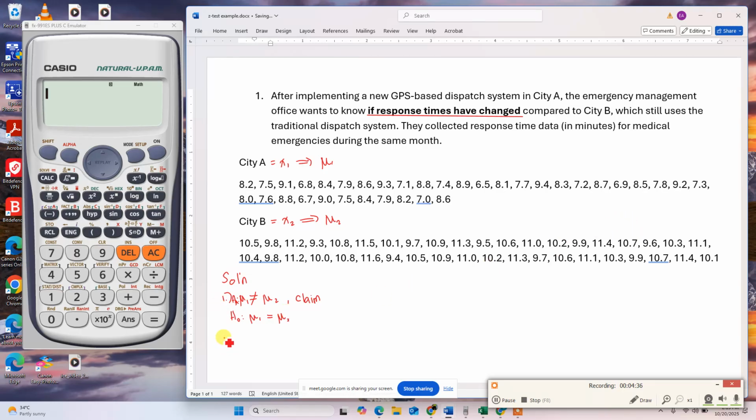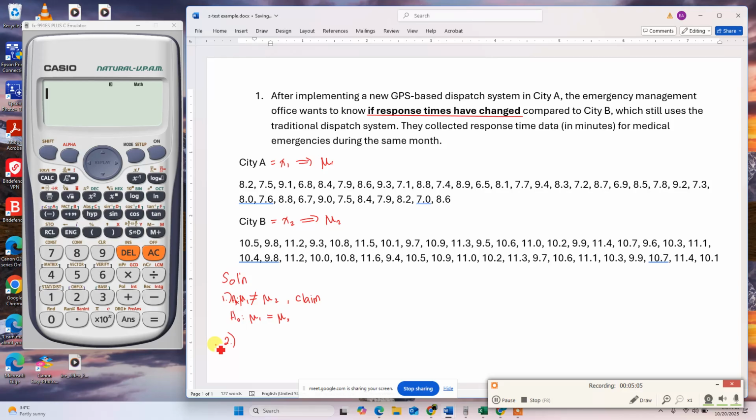Step 2 is we need to identify the critical value. Now this would be our convention. If in the problem the alpha level is not identified, then our automatic alpha level would be 0.05.